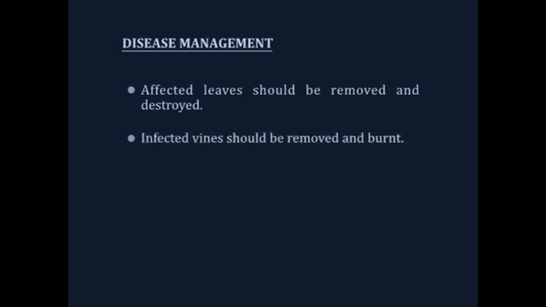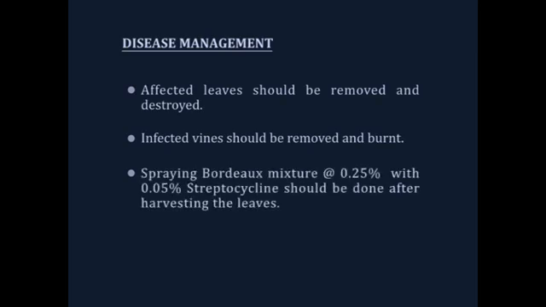Next is the management of the disease. Affected leaves should be removed and destroyed. Infected vines should be removed and burnt. Spraying Bordeaux mixture at the rate of 0.25% with 0.05% streptocycline should be done after harvesting the leaves.